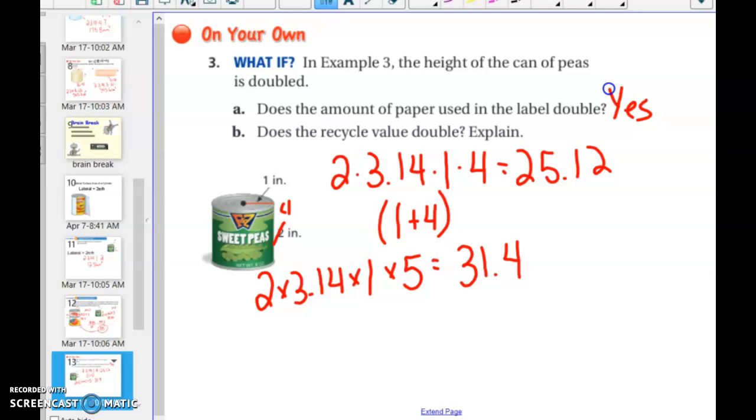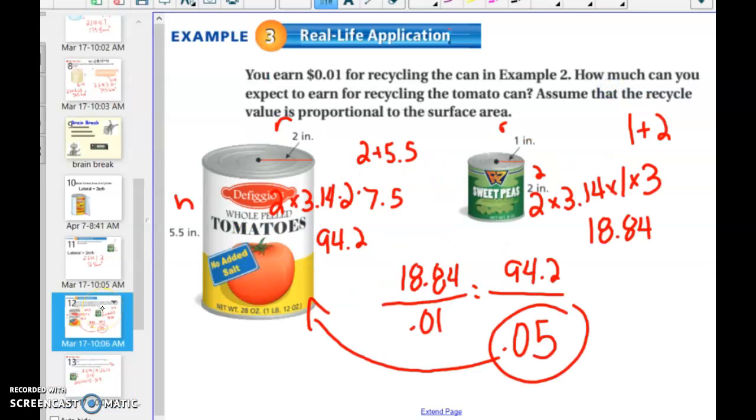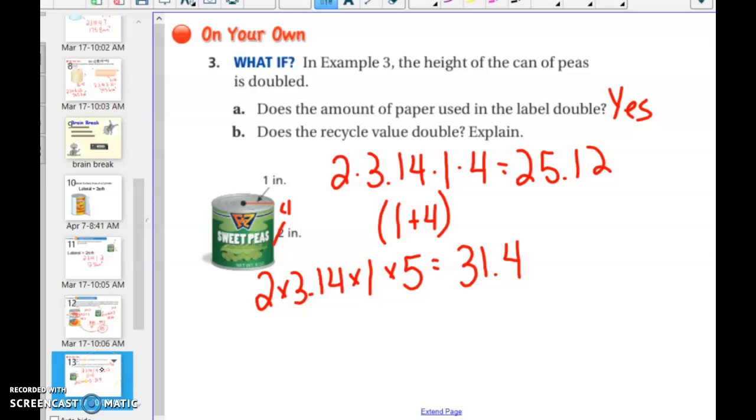So then if I compare this to the area here, if I multiply 18.84 times 2, actually it does not double. What it does double is the lateral going around, but it doesn't double the top and the bottom. So actually the recycle value would not double because the amount of metal used would not double.